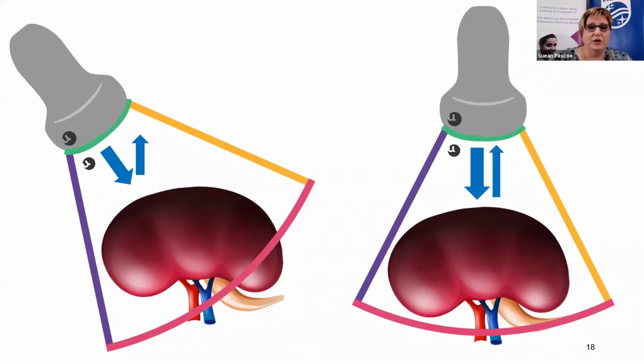Particularly when you're looking for stones, you have to be perpendicular to those small stones to be able to get a good shadow from them. So make sure that you are moving your window and changing your probe position so that you can be perpendicular to your kidney.